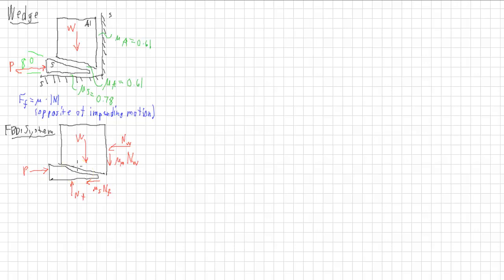But if you look at this block, we have a known weight and just 1 unknown here, the normal force at the wall. And there's going to be the normal force at the interface here. And those are going to be my 2 unknowns. And that's why I'm going to do free body diagram of the block next.